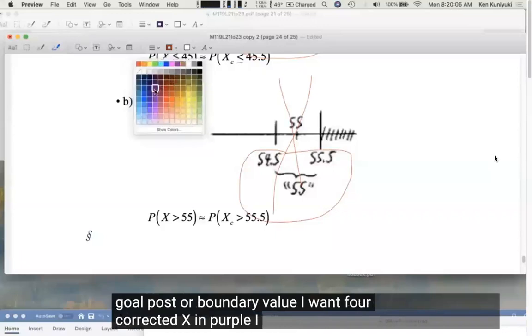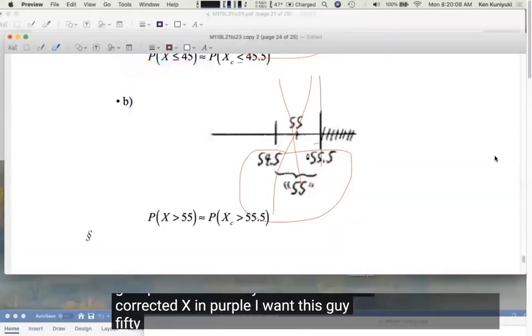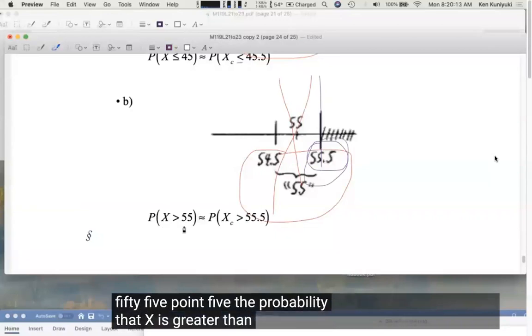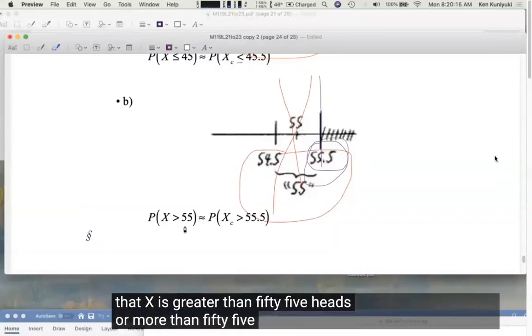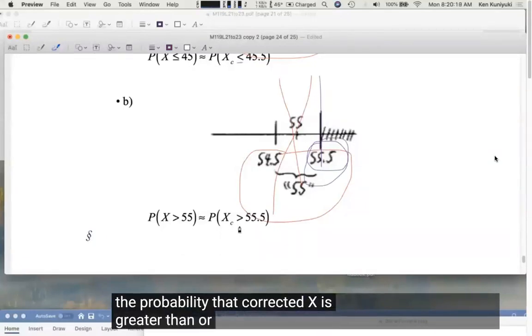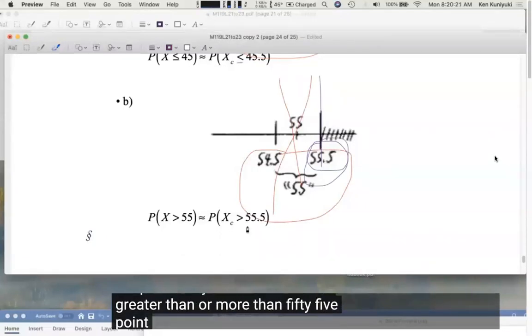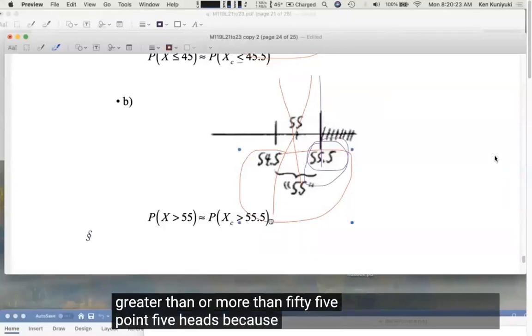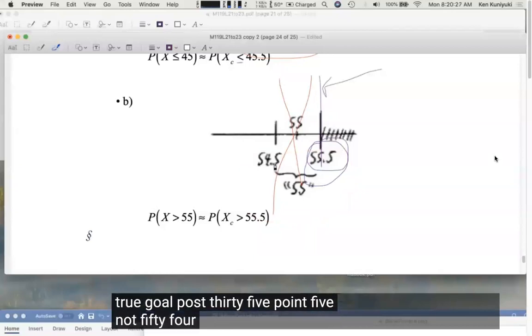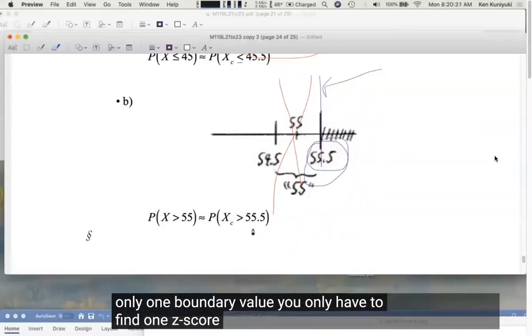In purple, I want this guy, 55.5. The probability that x is more than 55 heads is about the probability that corrected x is greater than 55.5 heads. Because this here is the true goalpost, 55.5, not 54.5. Again, there's only one boundary value. You only have to find one z-score, and you want a right-tail probability.